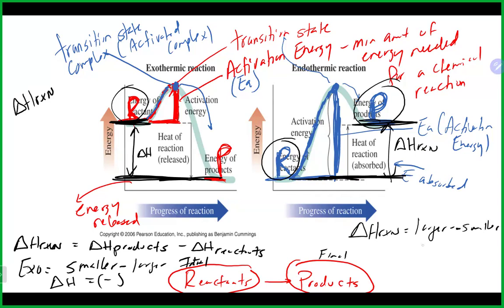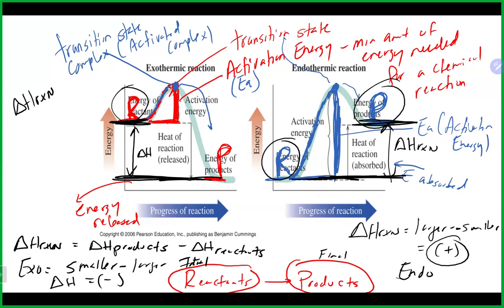So a larger number minus a smaller number will result in a positive value for an endothermic reaction. Once again, in chemistry, 9 times out of 10, that's how you would determine whether a process is exothermic or endothermic, by the delta H value that's oftentimes given to you. And again, the number doesn't matter, but that sign is really important.